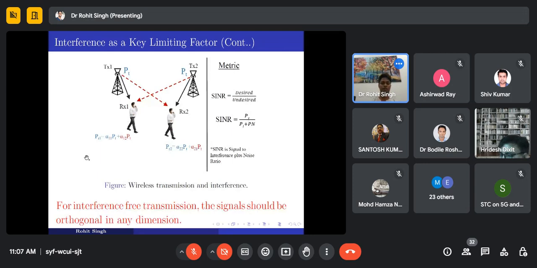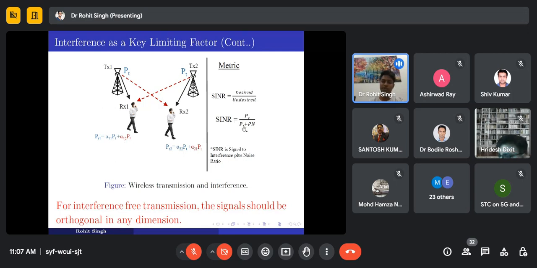Now coming to the communication metrics. It is highly desired that the blue power should be as large as possible as compared to the red power. And in communication, this is known as one of the best-known metrics, the signal to interference and noise ratio. Whatever is desired comes in the numerator, and all the undesired power comes in the denominator.